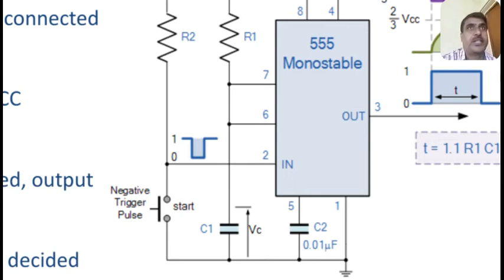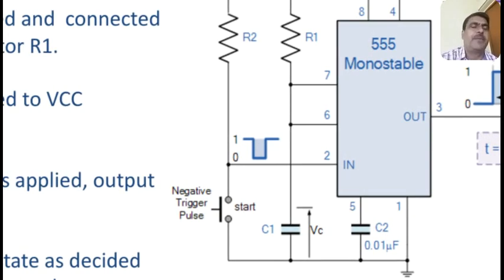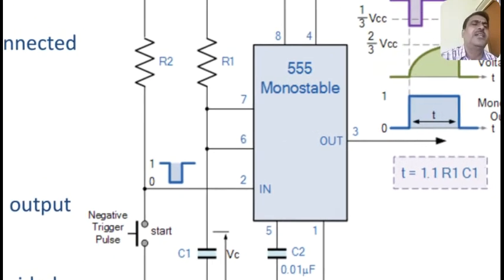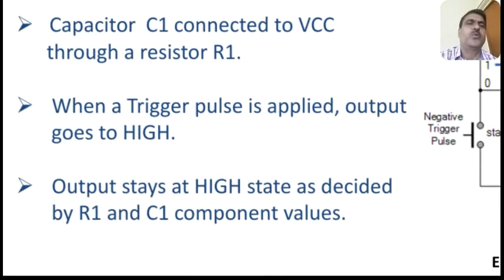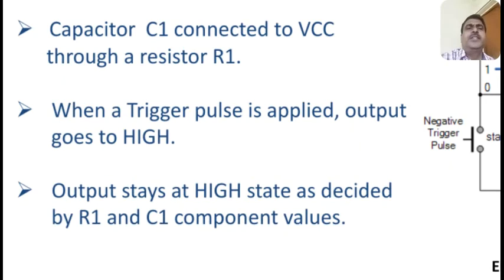Because of an inverter, the output goes high for a short interval of time. And when the capacitor charges to 2/3 VCC, the upper comparator will change its state, and so the output goes to low. So when trigger pulse is applied, output goes to high for a short interval of time.